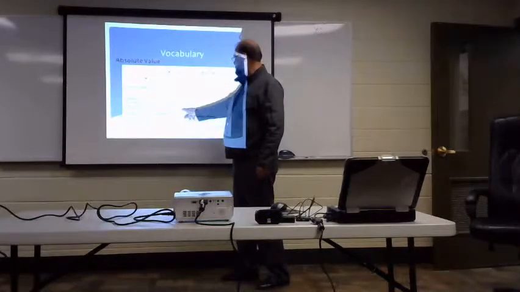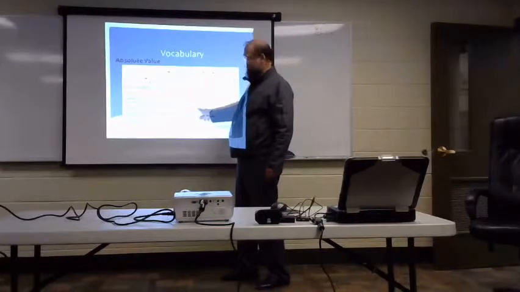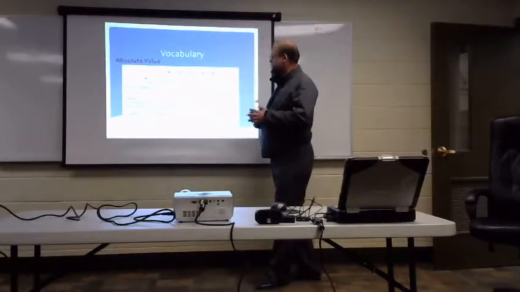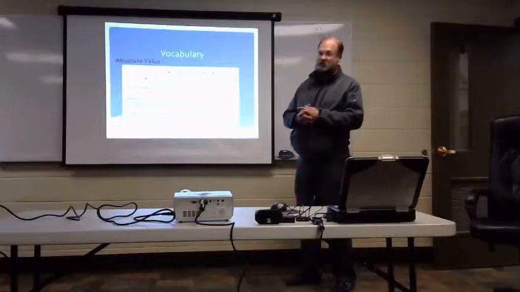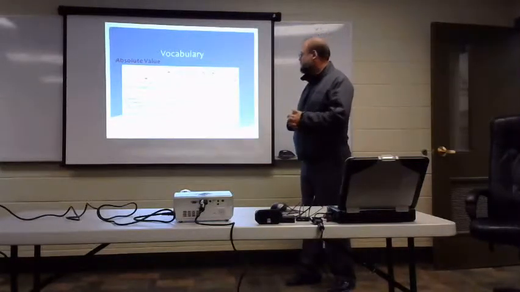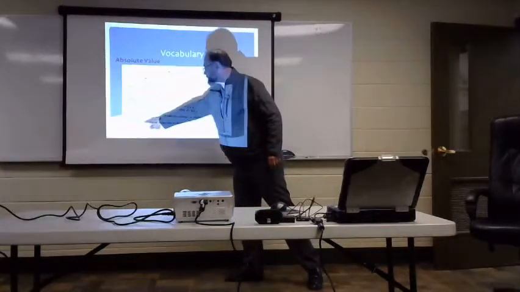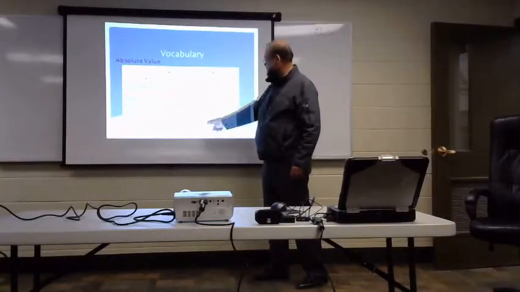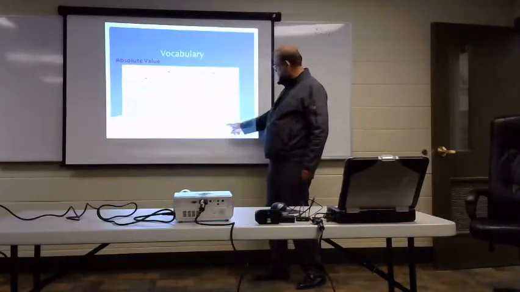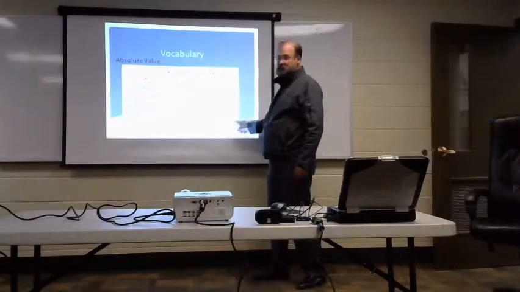So the absolute value of 6 is 6. In other words, it is the magnitude of the number. Negatives don't apply. The symbol, vertical bars placed on either side, means absolute value. So we write the absolute value of negative 6 is equal to 6.